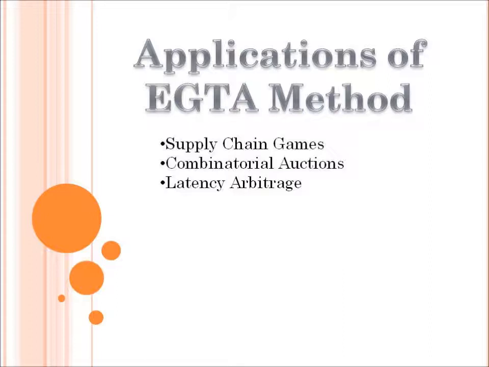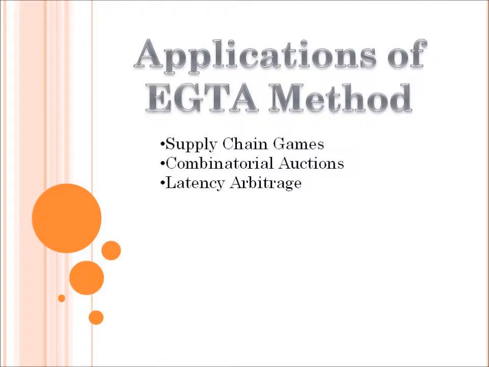So even though the EGTA method is very general, I just wanted to wrap up by giving a couple applications of the EGTA method from our lab. The first is a supply chain game where agents manage a supply chain and try to maximize their profit over the entire duration of the game. The second example is combinatorial auctions where players bid for multiple items simultaneously.